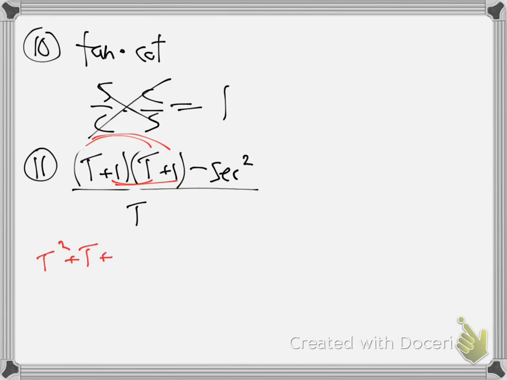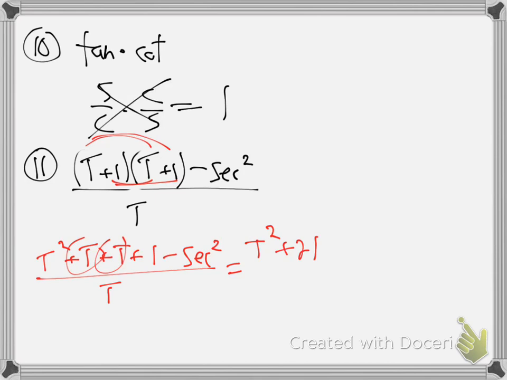Tangent squared plus tangent plus 1, minus secant squared over tangent. Good so far. Gather like terms. Tangent plus tangent, 2 tangent. Just like terms, like from algebra. Good to there. Any thoughts at this point?